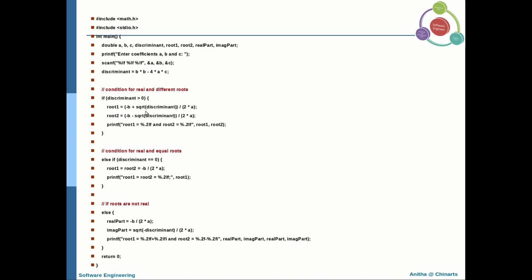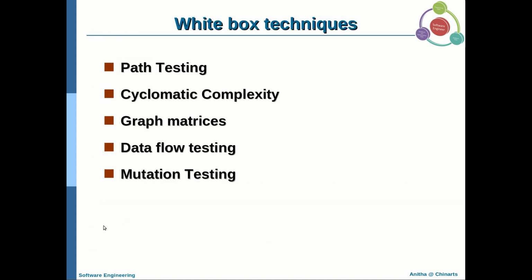That means these statements are not executed. It goes to the next statement, and here again the D value is tested. Now it is equal to 0, and it will execute these two statements. After executing these two statements, it goes to the exit statement. This is what you call execution flow.